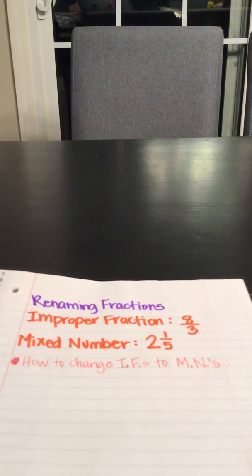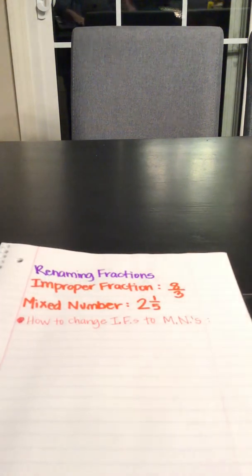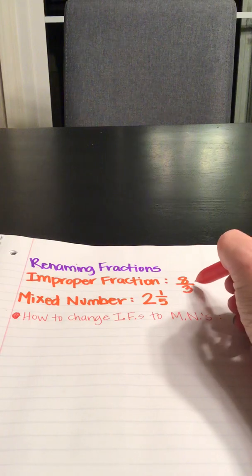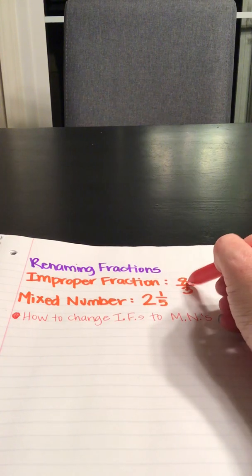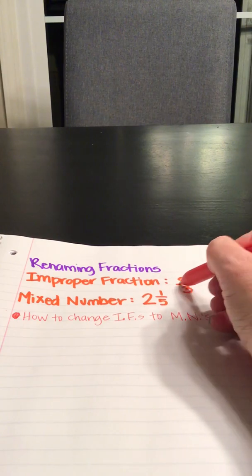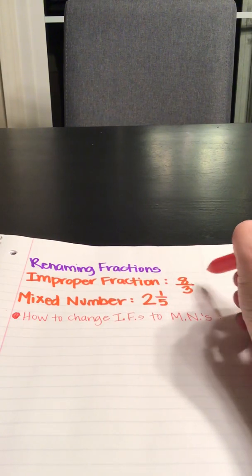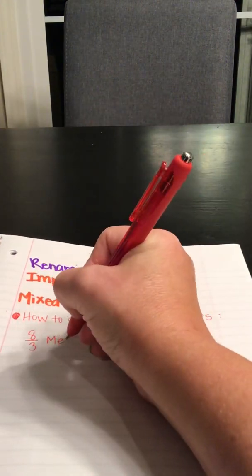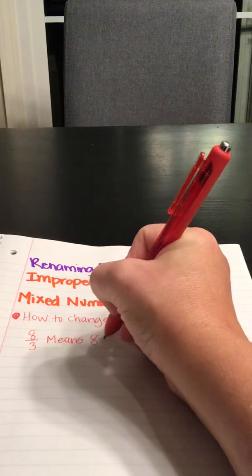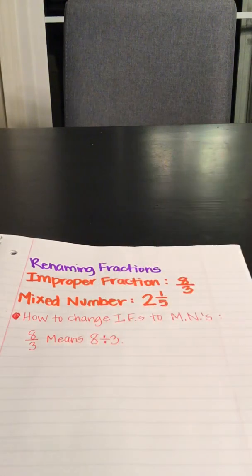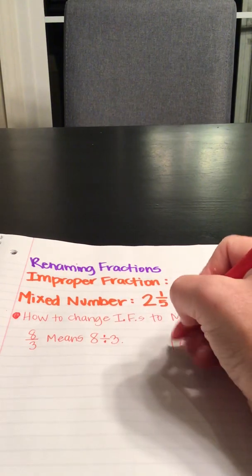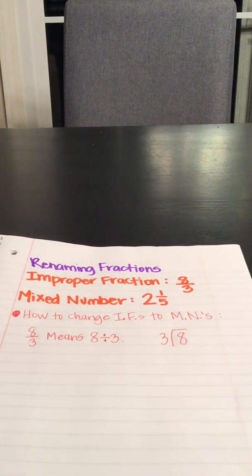Well, we actually use division, because I know you might be thinking about this bar here, 8/3. 8 is on top of the 3, and that fraction bar actually stands for divide. So let's try 8/3. That actually means 8 divided by 3. What does that look like? Well, it looks like this. Write that down.